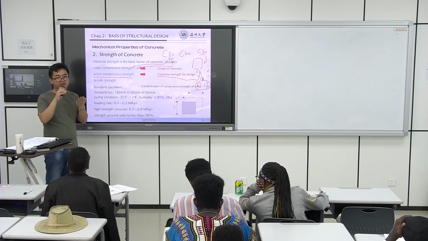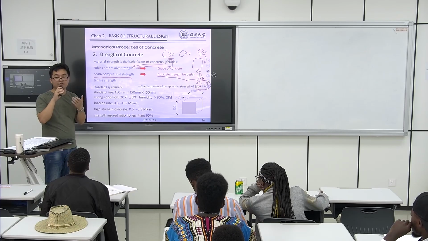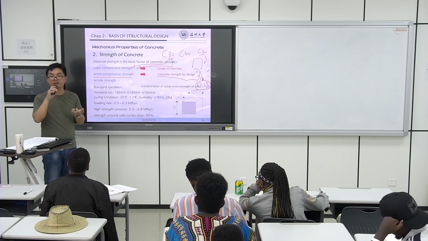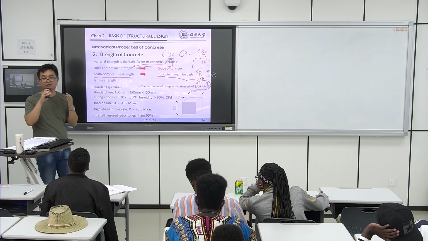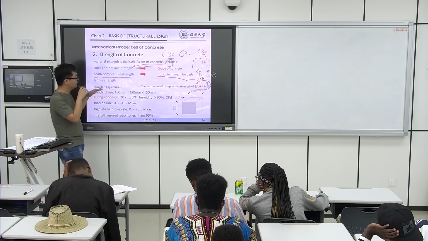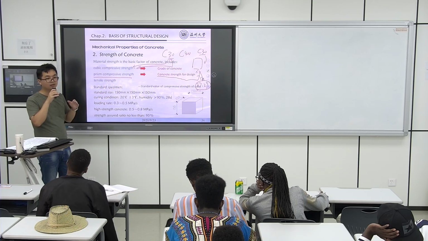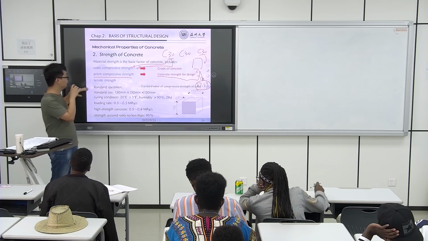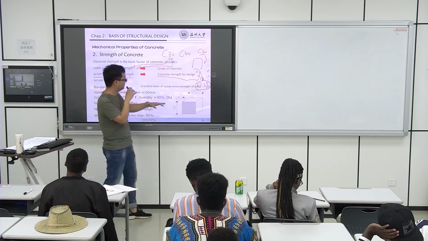We mentioned the structure size, the calculation method, and the different material. These three things will affect the resistance. So how do we get the strength? We need to give a standard. For the standard specimen, look here.